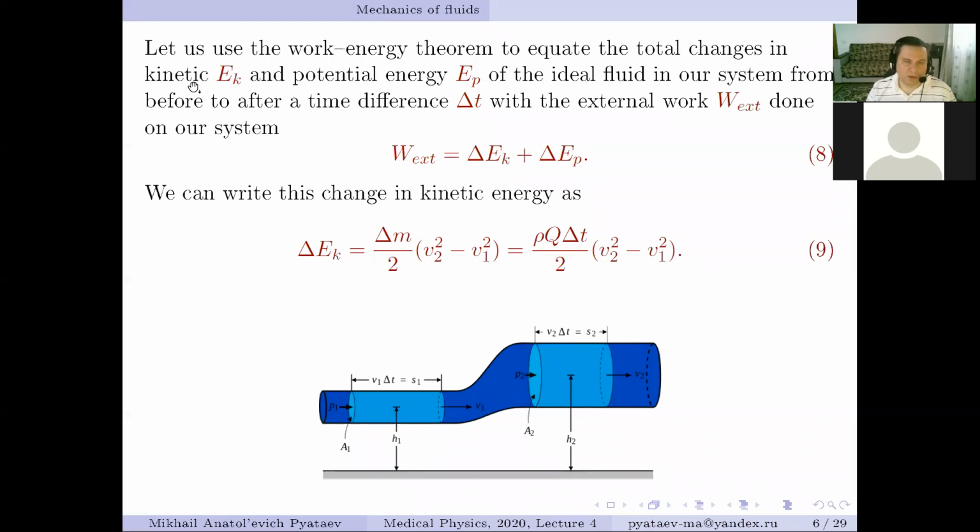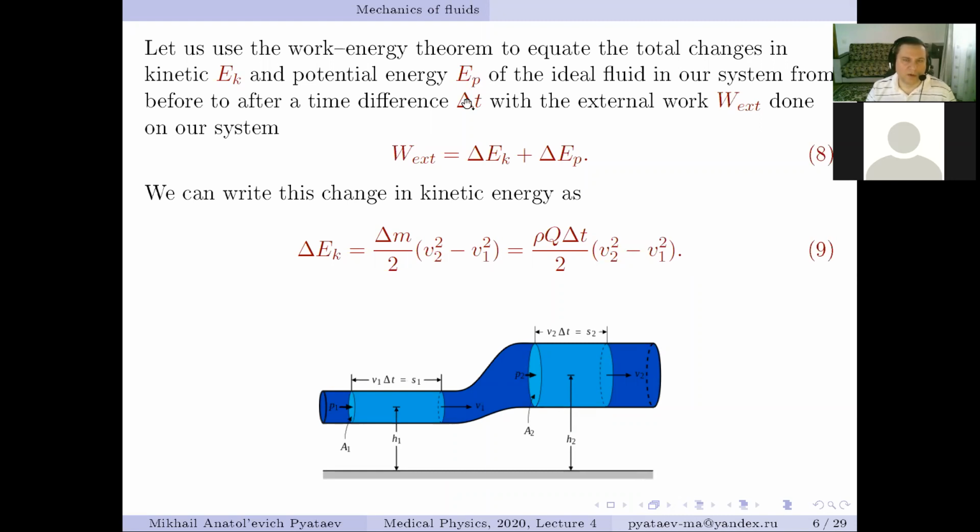In this case, we can discuss two types of forces. One type is the potential force of gravity, and its work is equal to the change of E_P = mgh. So we can include this potential energy into the total energy.